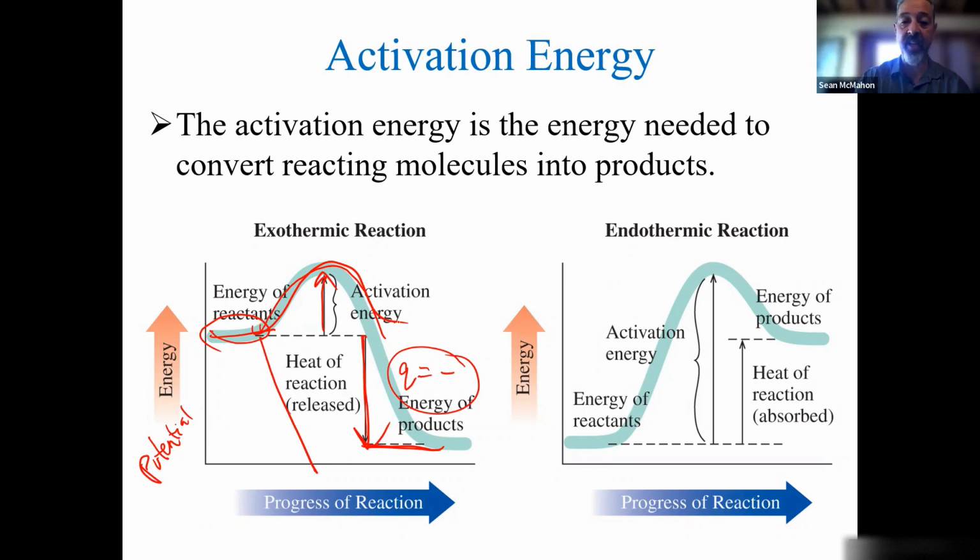On the flip side, if my reactants are lower in potential energy and the products are higher, that excess energy that's absorbed means Q is positive. So I have to put energy into the system. It has to enter, it's endothermic.